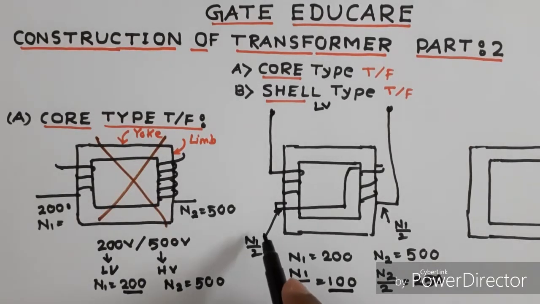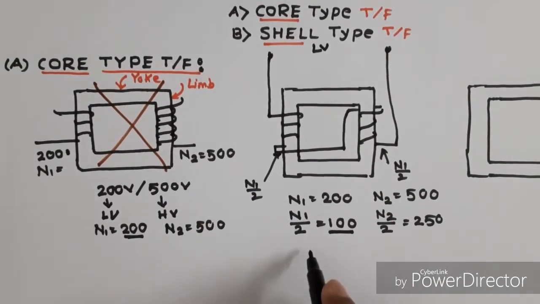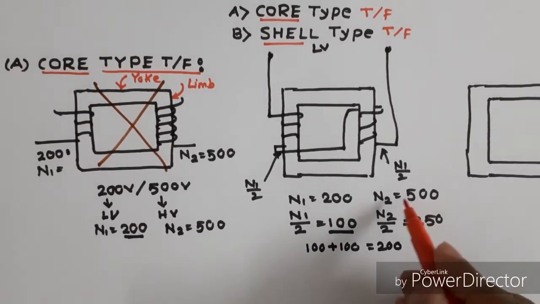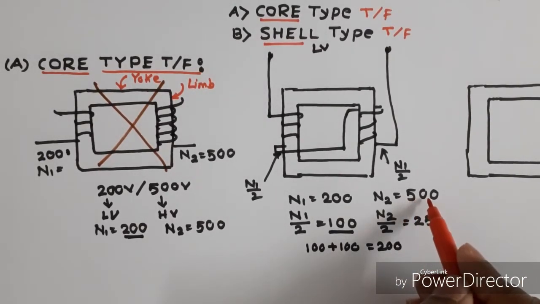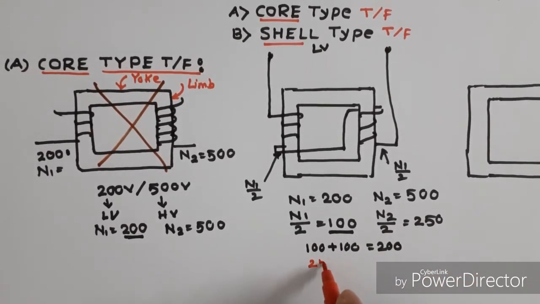So this is 100 plus 100, that is equal to 200 number of turns. Similarly, the high voltage has 500 number of turns. 500 divided by 2 is 250, that is 250 plus 250, equal to 500 number of turns.